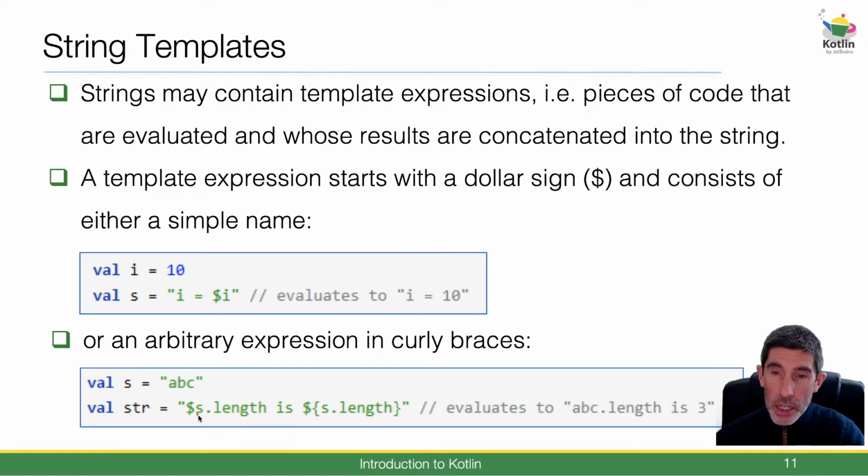It's like $s is just the ABC, so that's what we get there. Whereas when we use the curly brackets, we actually get the property .length on our string s. So there's quite a significant difference between saying $s.length and $ curly brackets s.length.